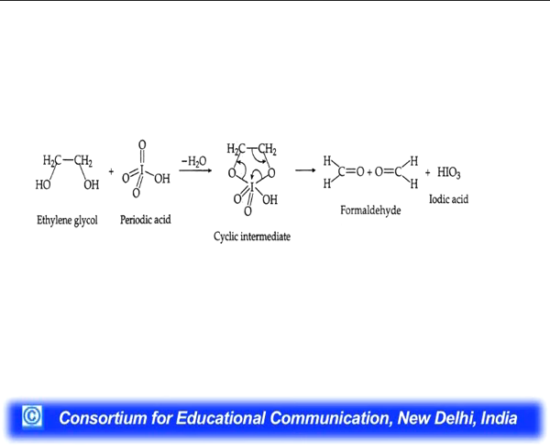Then there is an elimination, or you can say subsequent rearrangement. The first arrow shows there is a breakage of an IO bond, another breakage of an IO bond, and there is a formation of two molecules of formaldehyde along with iodic acid, that is HIO3.